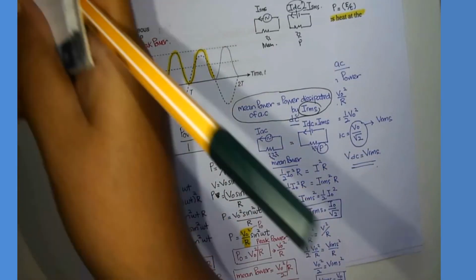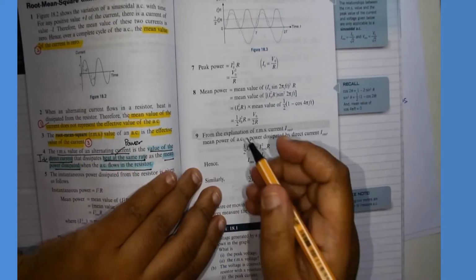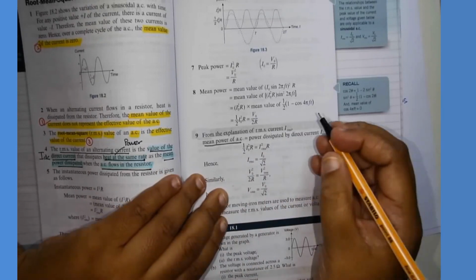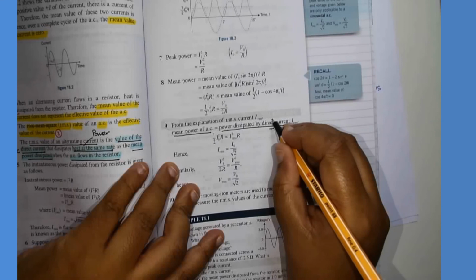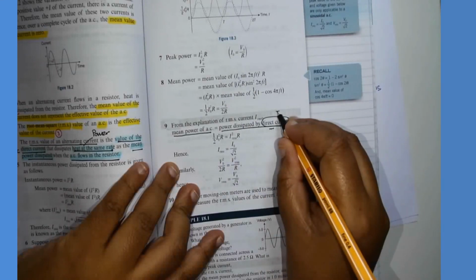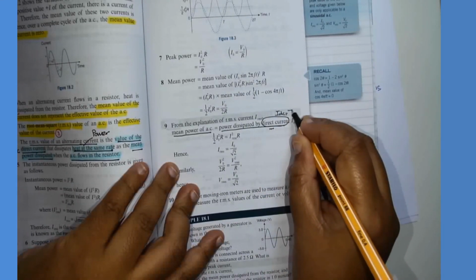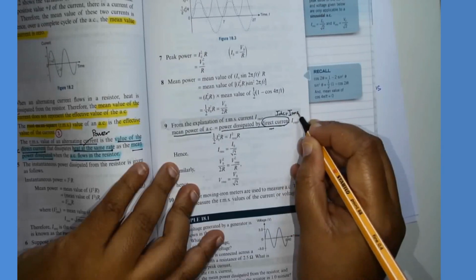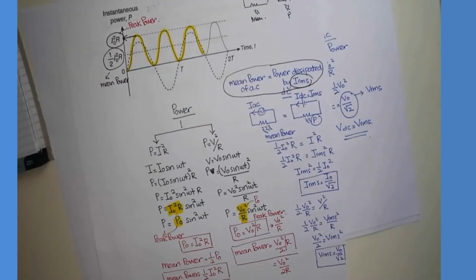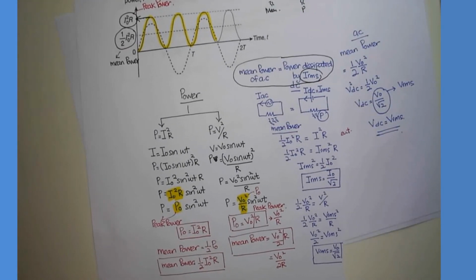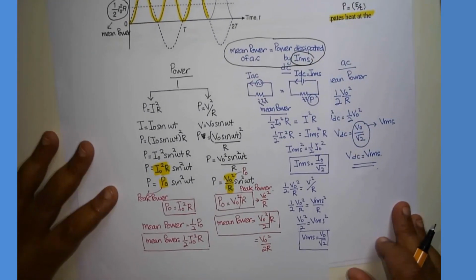In your textbook, you will see it says the mean power of an AC is the power dissipated by direct current, where the power dissipated by direct current is IDC, and IDC is equal to IRMS. That's why they put IRMS here. Just to be clear on that. Alright, so that's it.